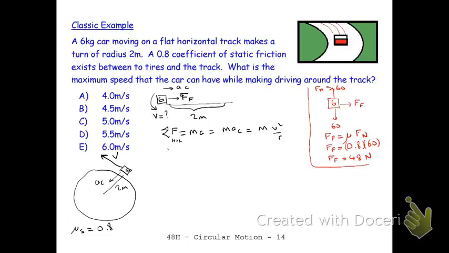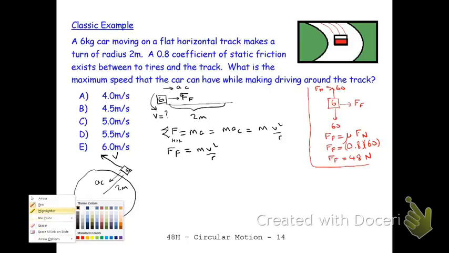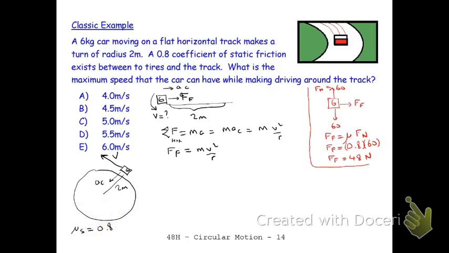So I can say F_net is equal to mv squared over r. So then I say that's plus 48 is equal to, that's going to be 6 v squared over 2.